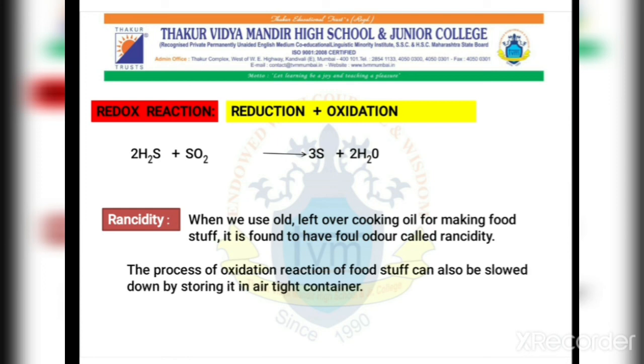The process of oxidation of foodstuffs can be slowed down by storing it in an airtight container. That is the reason when we take oil from the shops, you will see that the containers are closed. At the top of the container, the seal is closed, because if it is left open, oxidation is carried out, and if it is heated for a long time, then oxidation is carried out. This process is called rancidity.